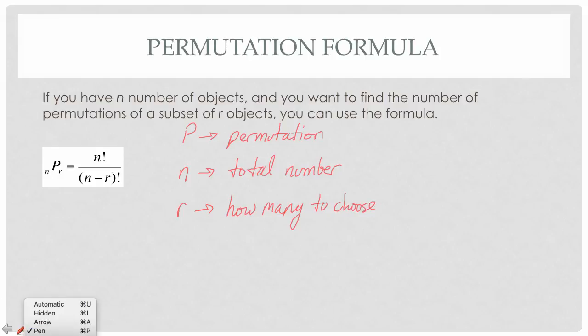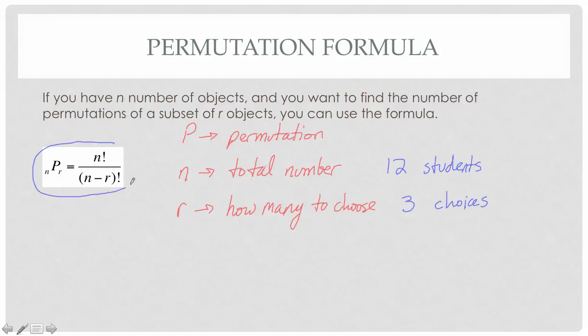So let's take our previous problem, right? Remember in the last one we just did, we had 12 students all running, so that would be my n. We are calculating how many different ways can the first 3 finish, first, second, and third, so 3 choices. And so according to my formula, I would set that up as follows.